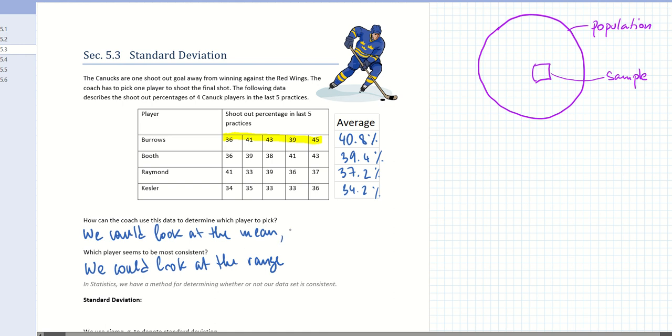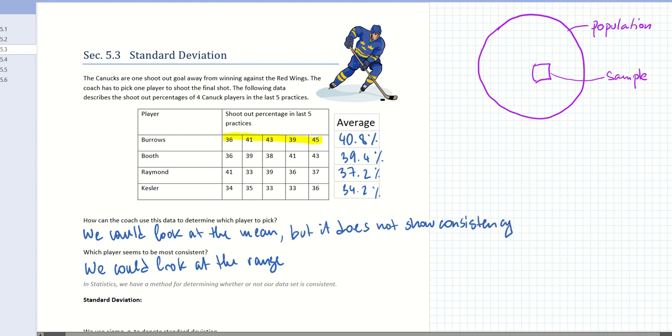So we can add a note here. We could look at the mean, but it does not show consistency.